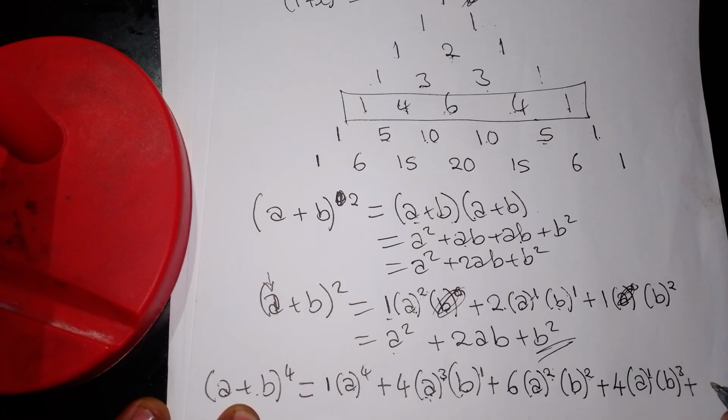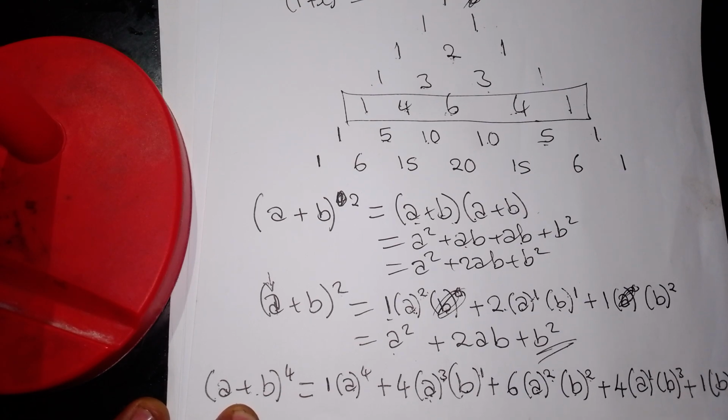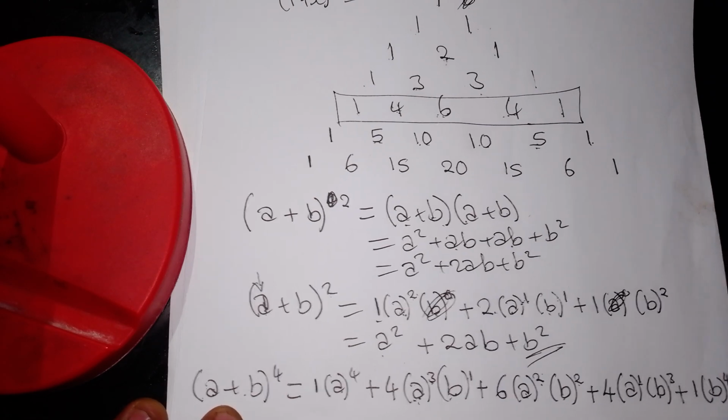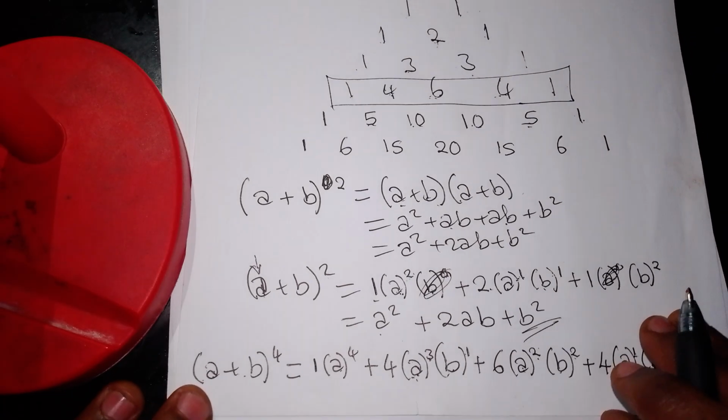And then finally, we have the last coefficient, which is a 1. And then b will increase by 1, so we have a 4. You may not need the a here because a will be raised to the power 0, so it won't make any difference.